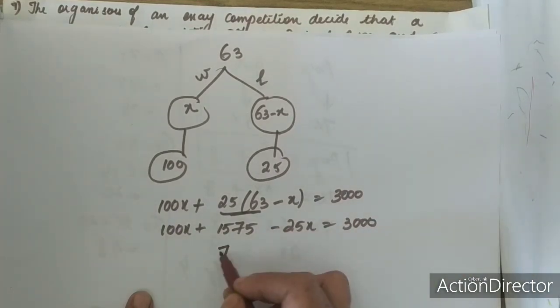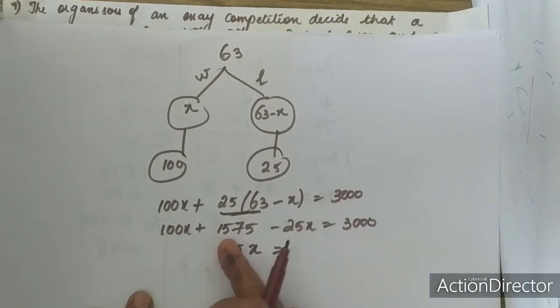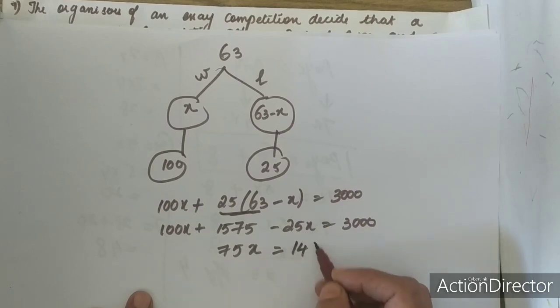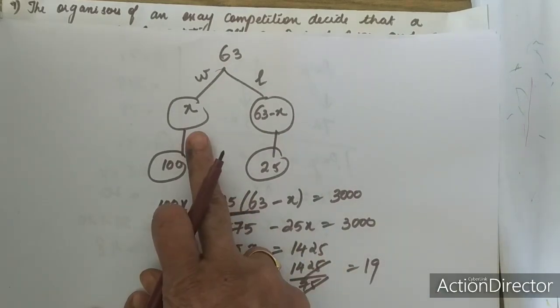So 100 minus 25 is 75X is equal to 3000 minus 1575, which is 1425, or X will be equal to 1425 upon 75, which is equal to 19. So the number of winners is equal to 19.